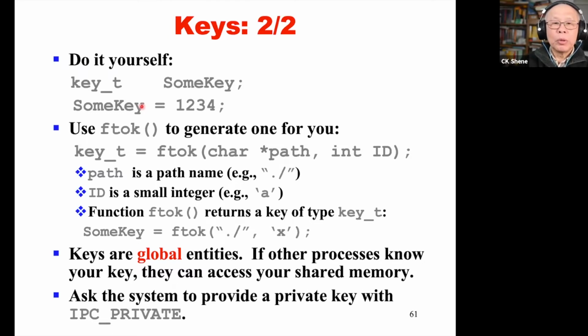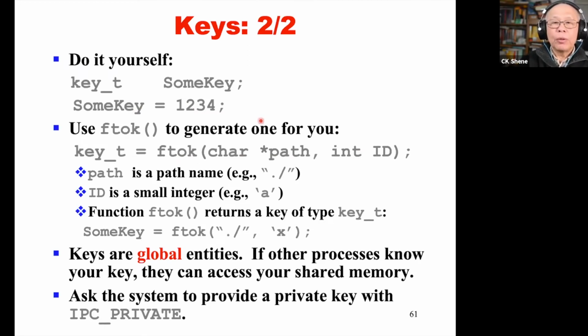Most people would take the second approach by calling the ftok function, file to key. So the ftok function requires two arguments. The first argument is a path, a string. The second one is usually a small integer.